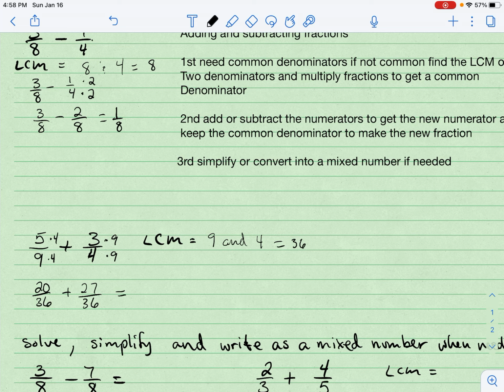So 20 plus 27 is 47, and 36. All right. So now that we have this number, this is considered an improper fraction. The larger number is on top, so therefore, we can convert this into a mixed number.